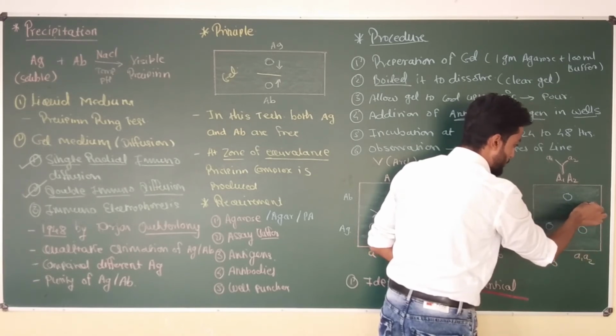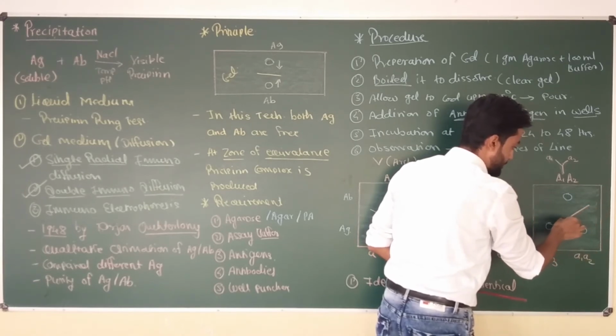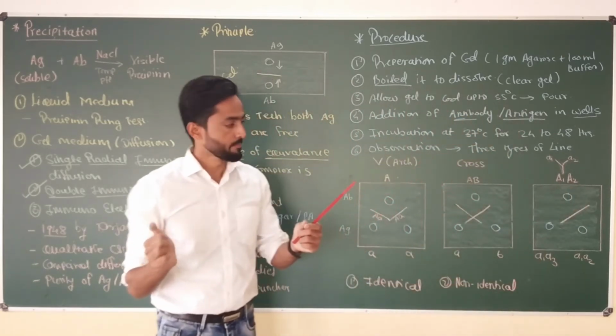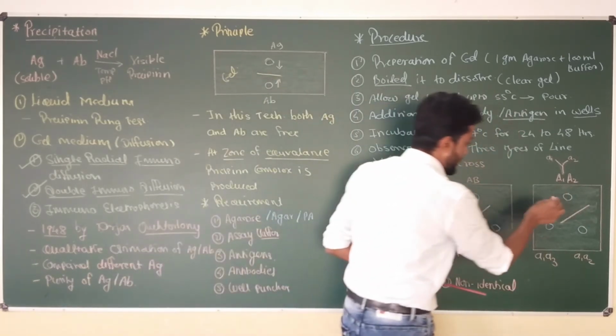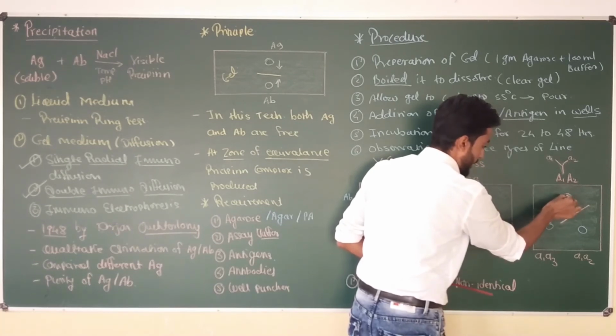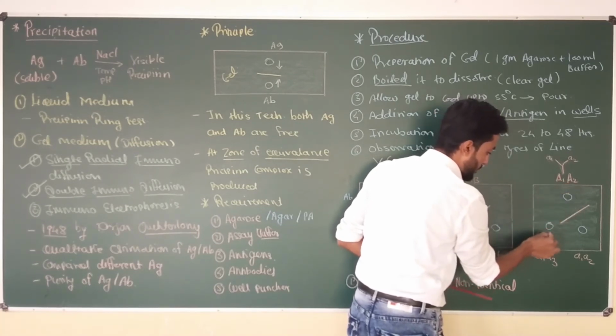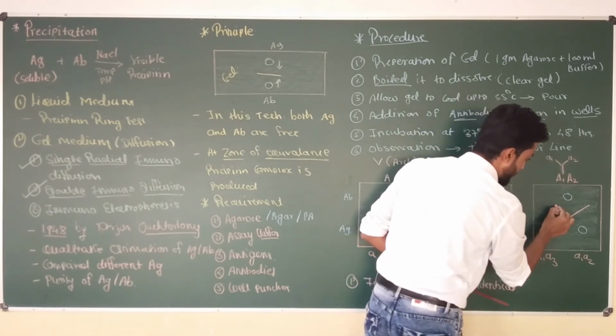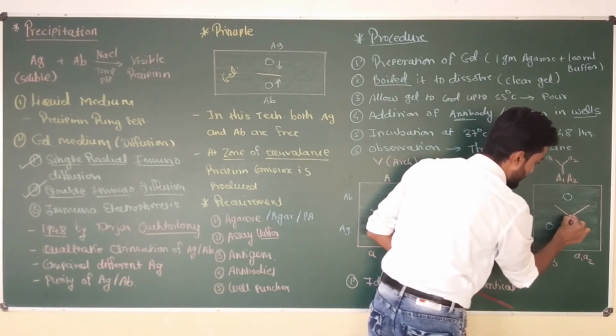So it will produce a line like this, quite a long line. Now in the second case, the A1 portion of the antibody will react with the A1 epitope of the antigen, which will produce a precipitation line like this.